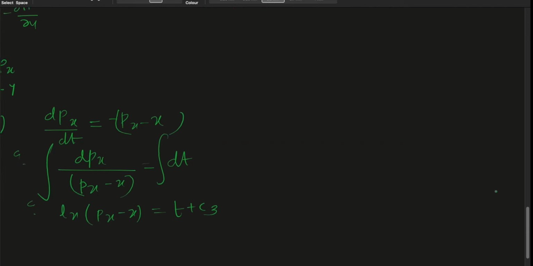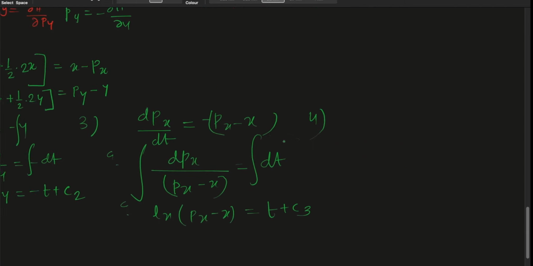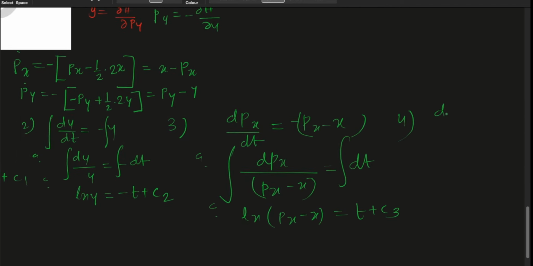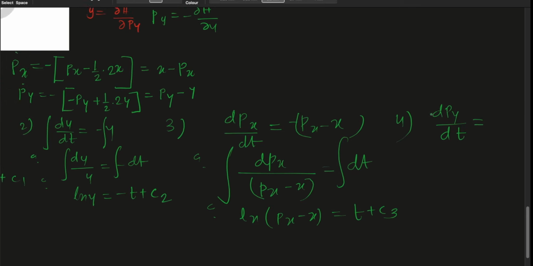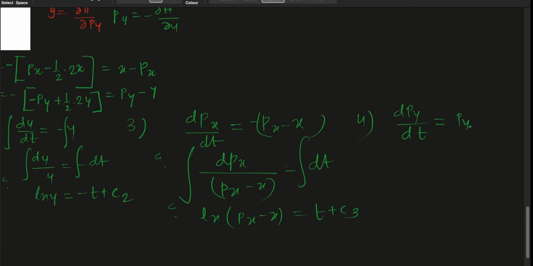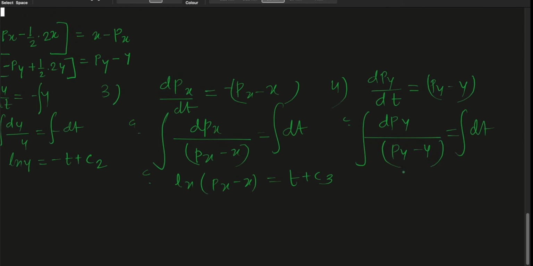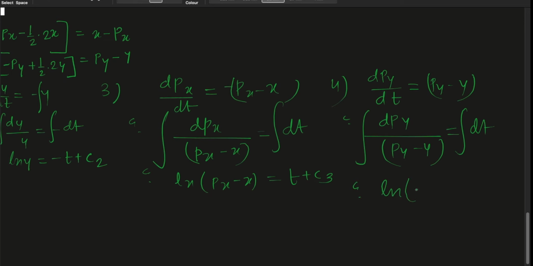And the last one, number 4, is dpy/dt equal to py minus y. So dpy by (py minus y) equal to dt integral, and if we do the integration, that will become ln(py minus y) equal to t plus c4.